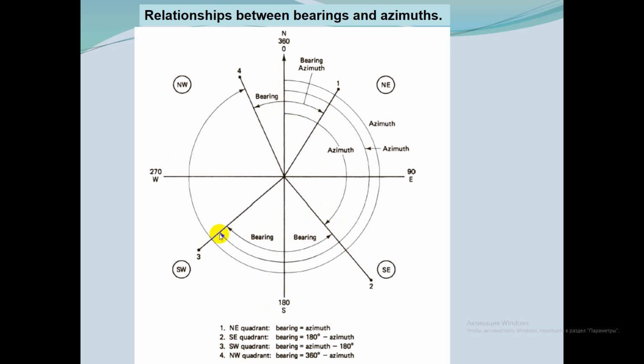Southwest quadrant, bearing equals azimuth minus 180, and northwest quadrant, bearing equals 360 minus azimuth.